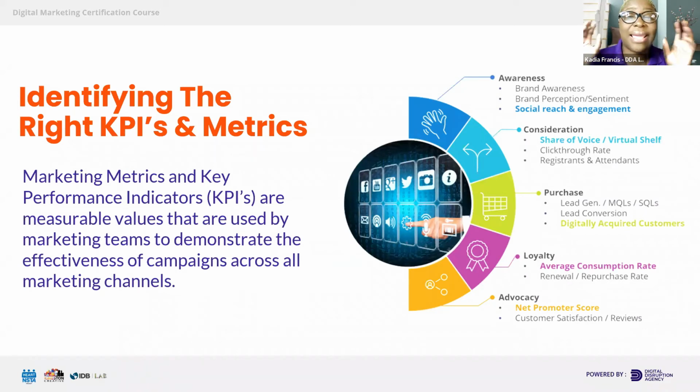And that's an example. So, what are KPIs and metrics? Marketing metrics and key performance indicators are measurable values that you're going to use to demonstrate the effectiveness of your campaigns across all your channels. And campaigns, you could interchange that with strategy across your channels, right?